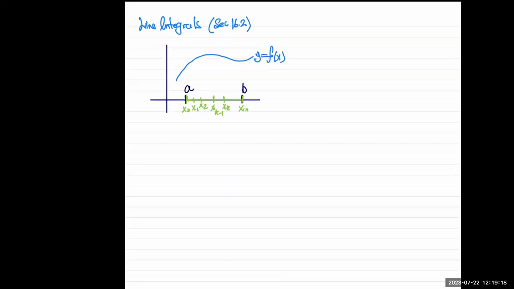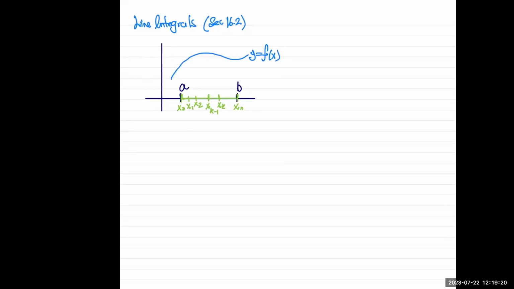And we take some point in that interval. That point is x sub k star. Okay, so what we did was that we drew the height starting from the x-axis to the function.